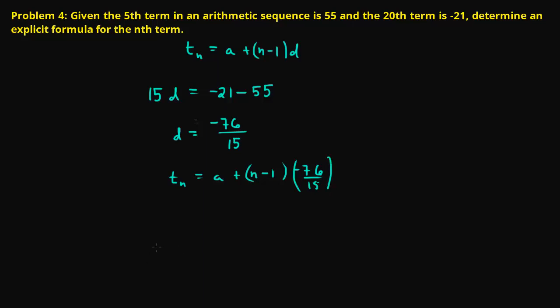The next thing we have to do is solve for the first term. There are a couple of different ways to do this. We could subtract the common difference four times from the fifth term. Or we could plug in what the fifth term is and solve algebraically for a.